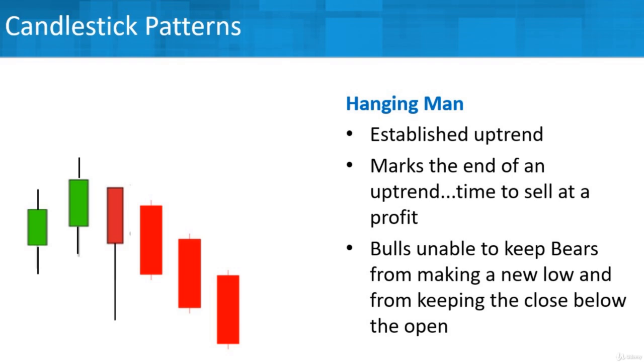What's happening is bulls, or people who have faith in the security, are unable to keep the bears from making a new low and from keeping the close below the open. They want to continue that uptrend, but the uptrend doesn't continue. You have, again, very low lows. It looks like the hammer, where you have a shaven top and a long wick on the lower shadow on the bottom.